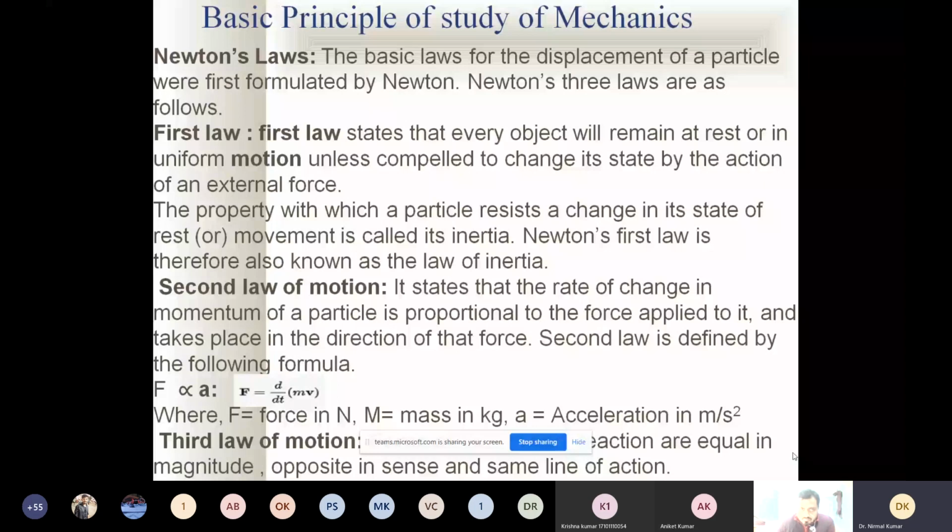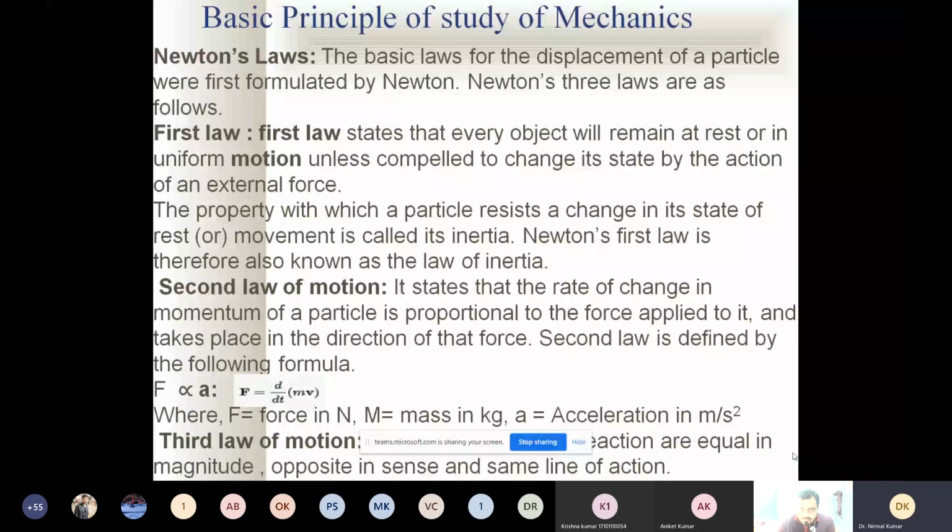The first law is each and everyone knows. However, I am repeating that if the body is in a state of rest or in motion, the body will remain in that condition unless it is disturbed by the external force. This is the first law of Newton's motion.